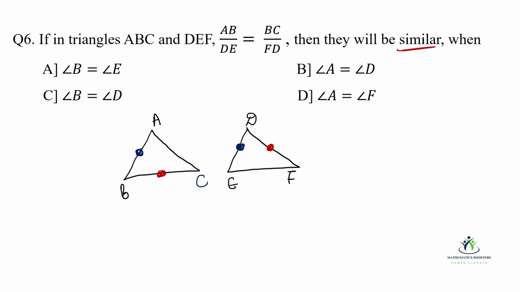When they will be similar, these are two sides, we require the angle. What is the middle angle here? Middle angle will be here B and here D. So B is equal to D. Always check by drawing triangles.